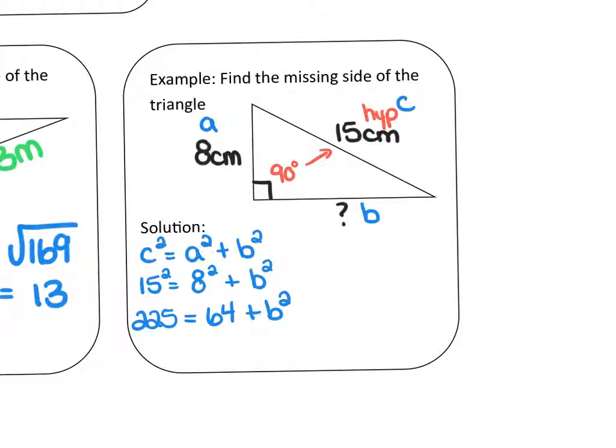So now you'll notice that the 64 is on this side. What we're going to do is move it to the other side. When we move it to the other side, it actually becomes subtraction. So we're going to do 225 minus 64 equals b squared. So we'll do that subtraction. And I get 161.